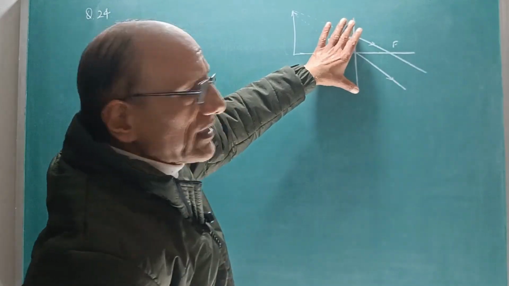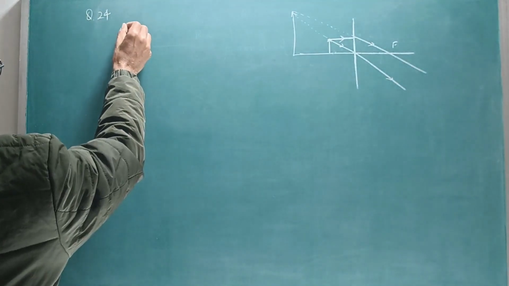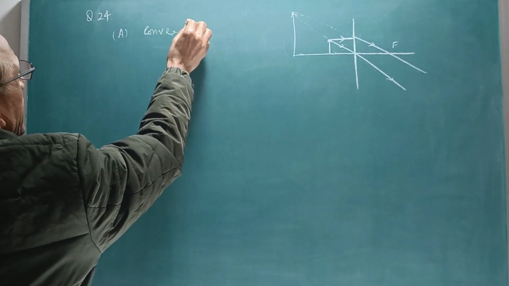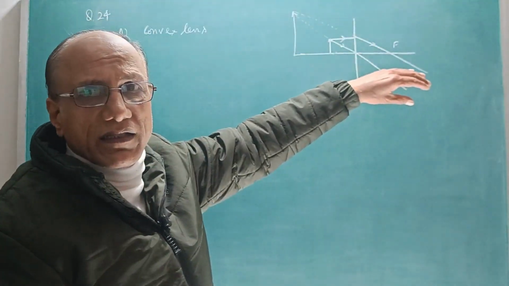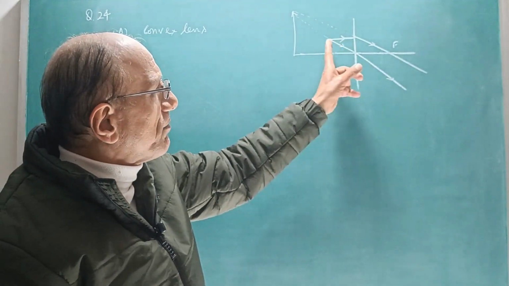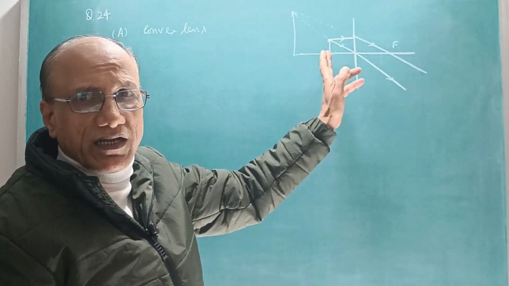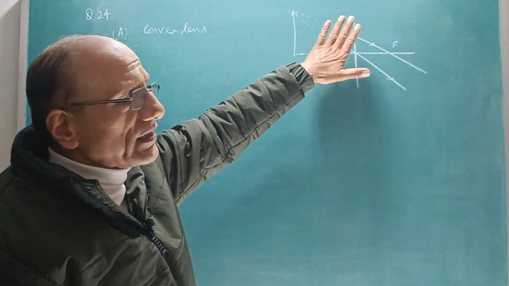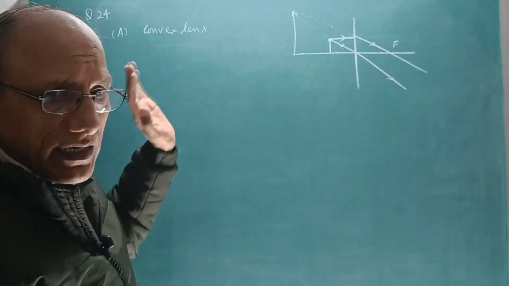So that means this is a converging lens, that is a convex lens. Convex lens, because it is converging the rays which are parallel to the principal axis. This ray cannot tell us, because it will go straight in case of the concave as well as the convex. So with the help of this ray you can identify that it is the converging lens, which is the convex lens.